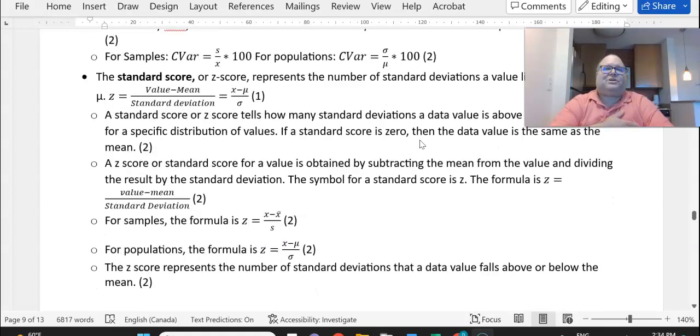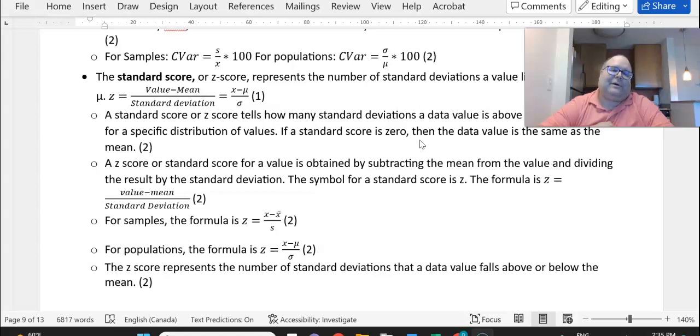A position on the graph of our normal curve can be given to us by the z-score, or the standard score, which we're going to talk much more about when we talk about types of distributions in a little bit.